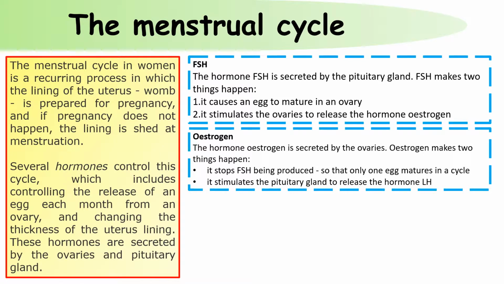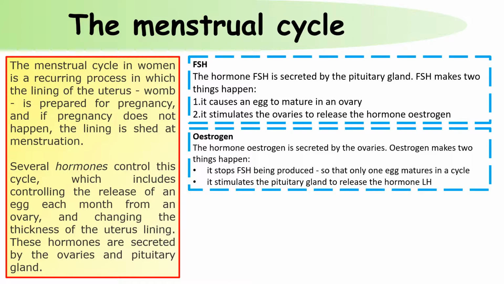The hormone estrogen in turn turns off the production of FSH, as realistically you only want one egg maturing each month, as multiple births can be problematic, and it stimulates the ovaries. So the ovaries are releasing estrogen.